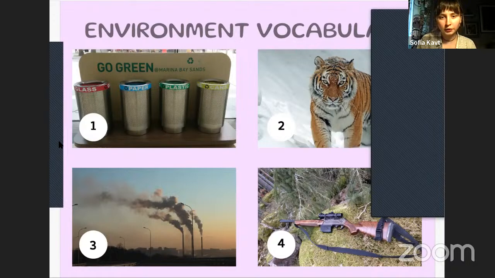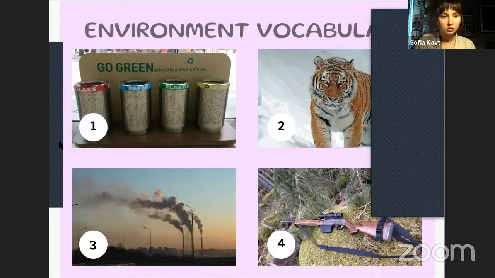The first one you think is biodegradable. But one of the containers has plastic in it, which is not biodegradable. It's a recycling bin. Then the fourth one is poaching. Absolutely right, poaching. Okay, and we have yet pictures 2 and 3 to deal with.